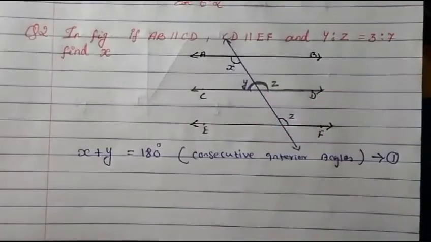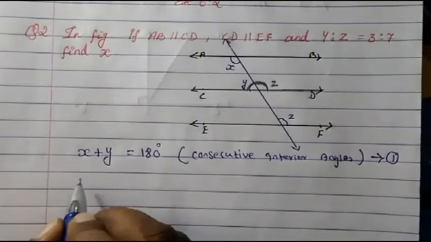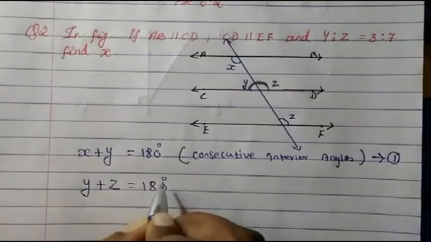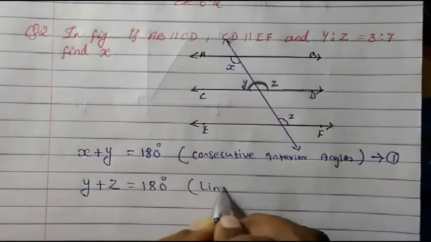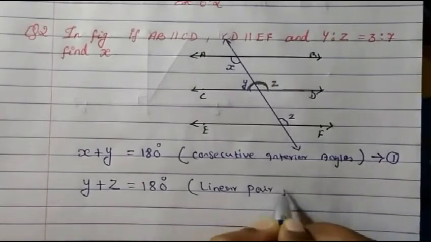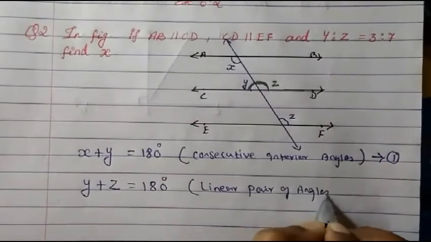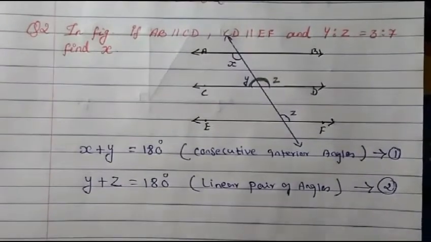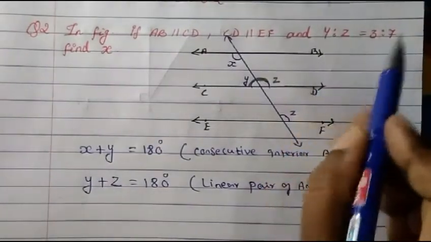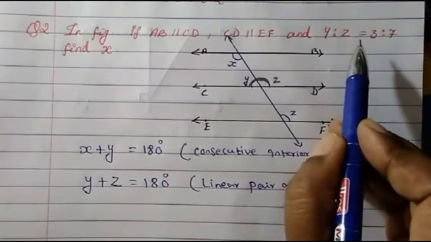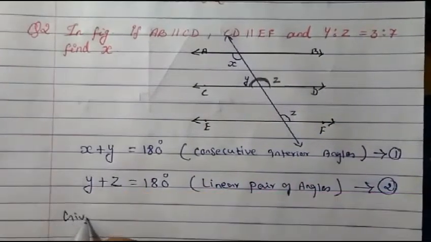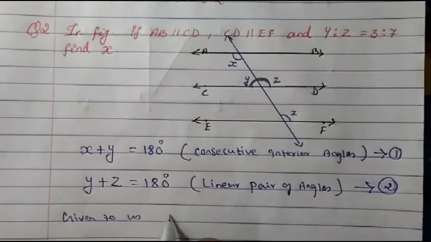So we can write y plus z equal to 180 degrees because they are linear pairs of angles. This we keep as equation 2. Whenever it is given to you like this, you have to simplify and get the value. What is given to us is y is to z equal to 3 is to 7.